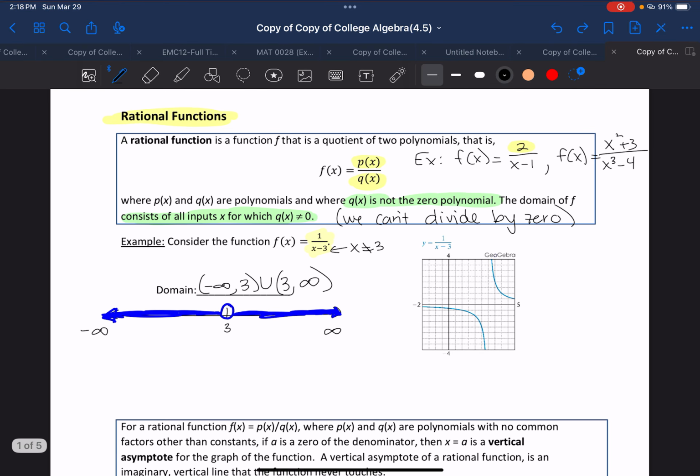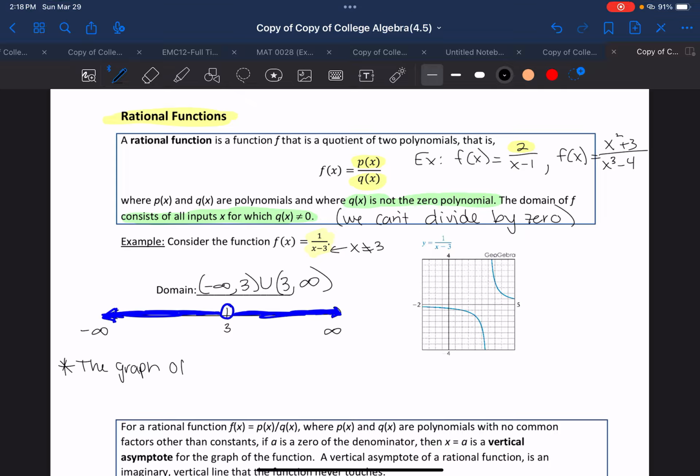And one thing to note, remember in chapter 2, I gave you the library of basic functions, and we learned transformations with them. This is kind of just a side note for right now, but I just want to bring this to your attention.